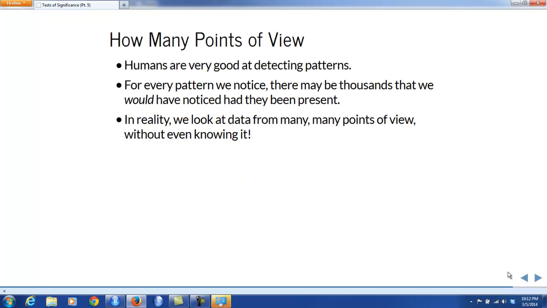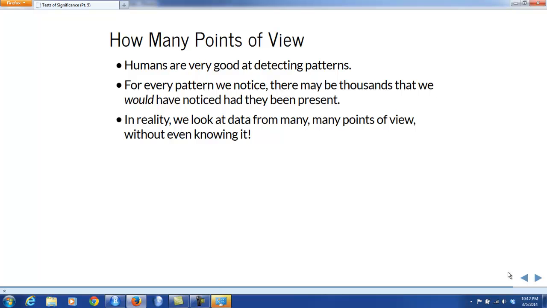And frankly, humans are very good at detecting patterns. For every pattern that we notice in data, there's probably thousands that we would have noticed had they been present in the data. When we see a pattern, rest assured, there's a great many other patterns not there at the moment that we would have noticed and been interested by had they been there.